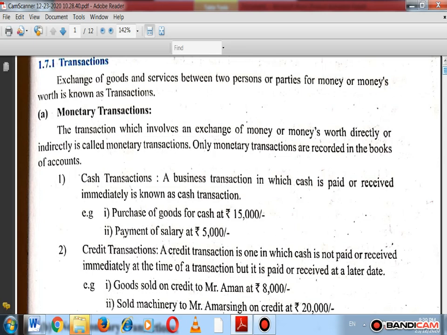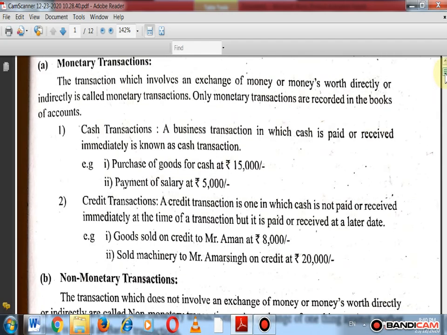So monetary transaction means the exchange of goods or services between two parties for money or money's worth, directly or indirectly, and monetary transactions are recorded in the books of accounts. There are two types of monetary transactions: first is cash transaction and second is credit transaction. A cash transaction means a business transaction in which cash is paid or received immediately.